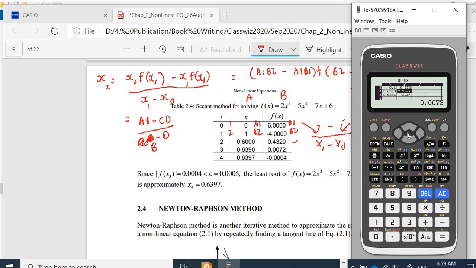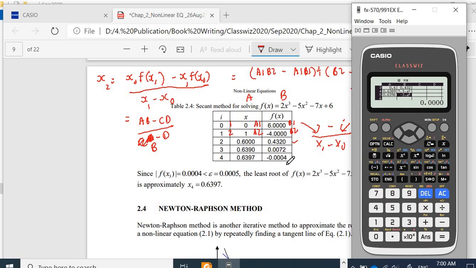Then this value, 0.0073, is still greater than epsilon, so I go down. Now this x5 in the spreadsheet is actually x number 4. We have it at 4 decimal places. This value is actually equal to 0.